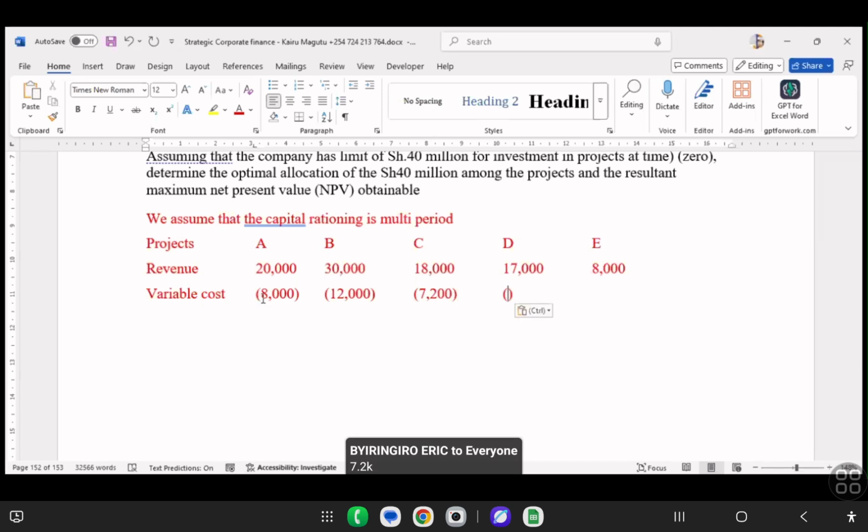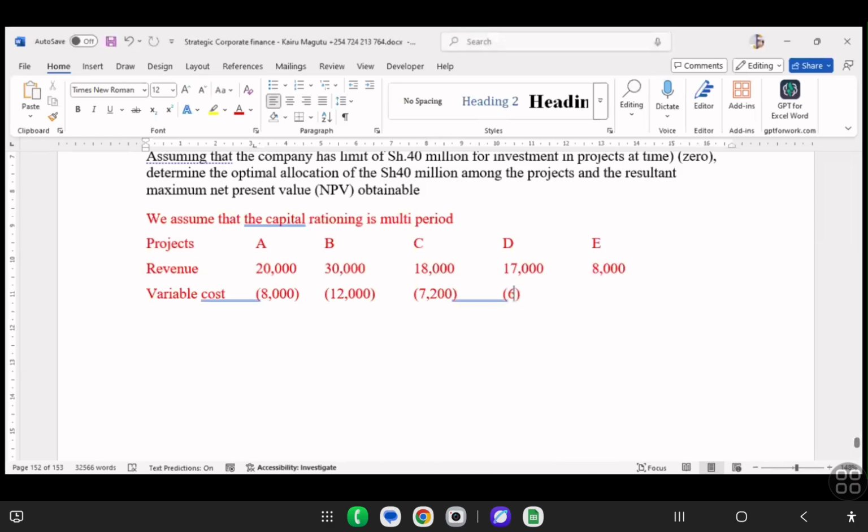Then this other one, how much is that? 40% of 17, they said 6.8 something. Please, someone confirm for me. 8, 12, 7.2, 6.8. Yes, I see someone has given all of them.